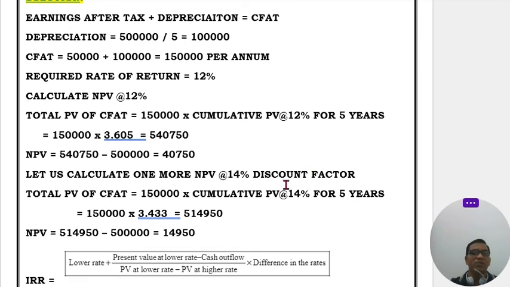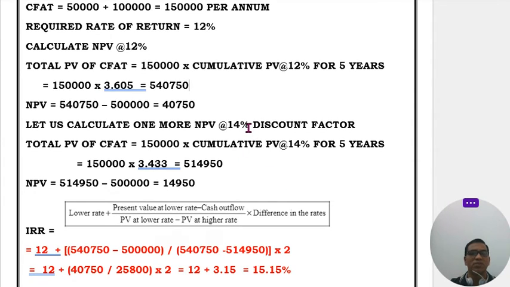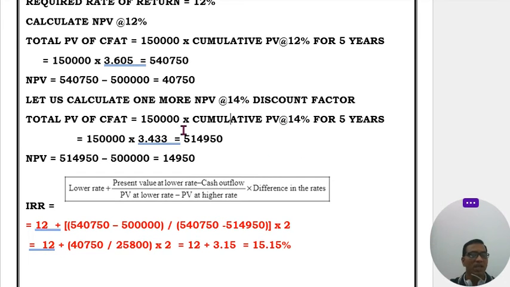I calculate one more NPV at 14%. Why 14%? This value has to decrease, that means the rate has to increase. So more than 12%, I tried 14%. Again I took the cumulative table value directly and got NPV.